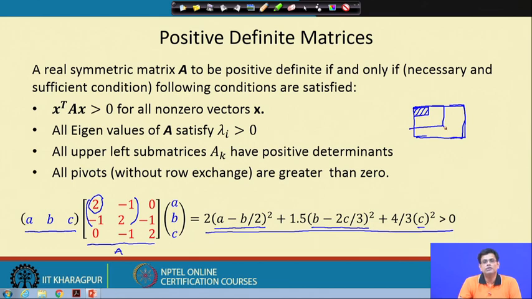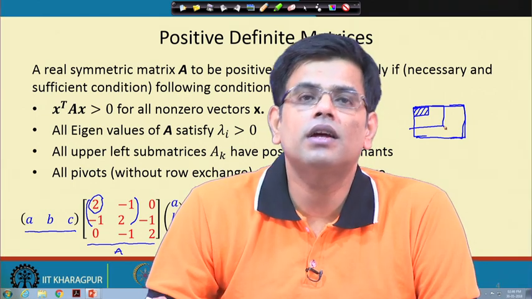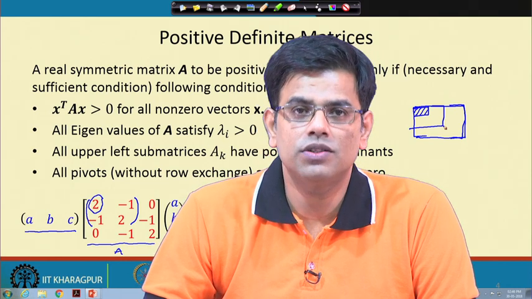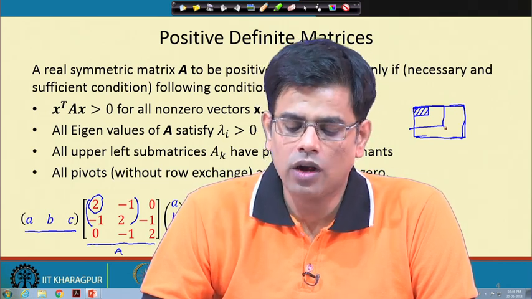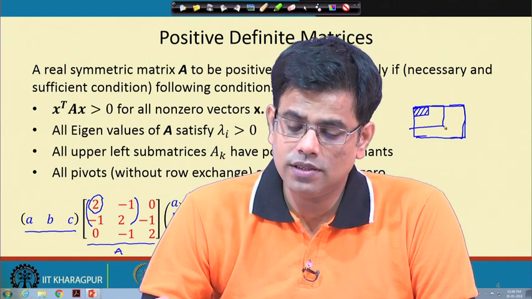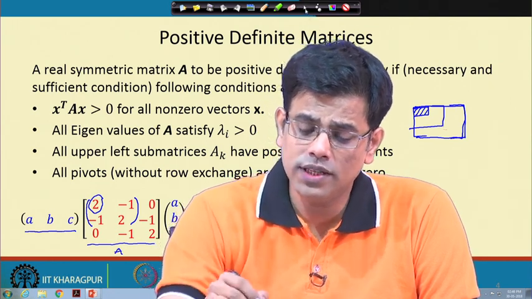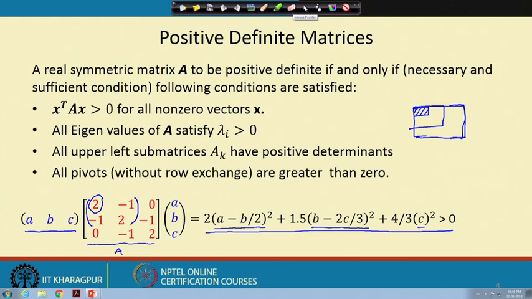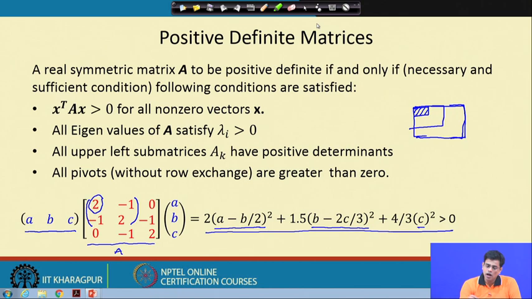It can be generalized for n cross n positive definite matrices. In that case there are n such determinants we can find, and all such determinants have to be greater than 0. This is the positive definite matrix, and in a structural system we obtain positive definite matrices very often.